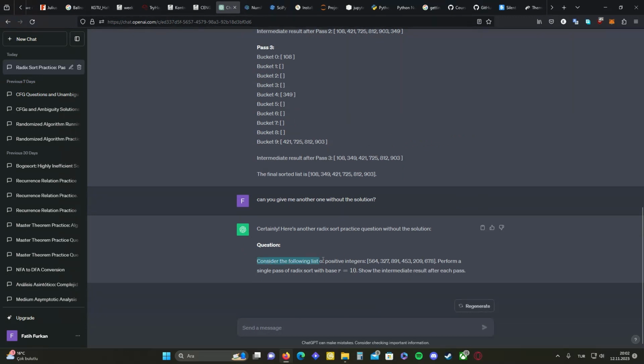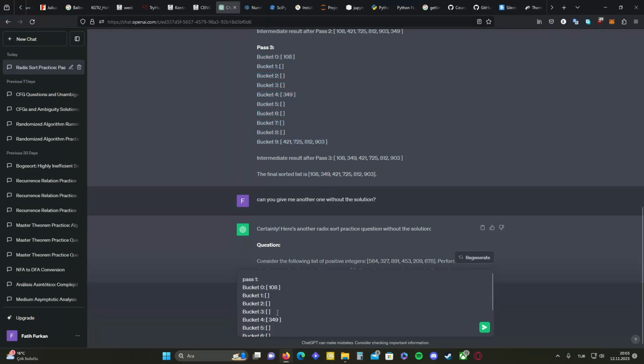Okay, consider the following list of positive integers. Perform a single pass of Radix sort with base R10. Show intermediate results after each pass. Okay, pass 1. Let me copy the bucket from here.